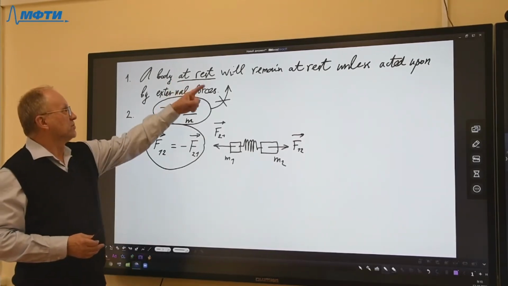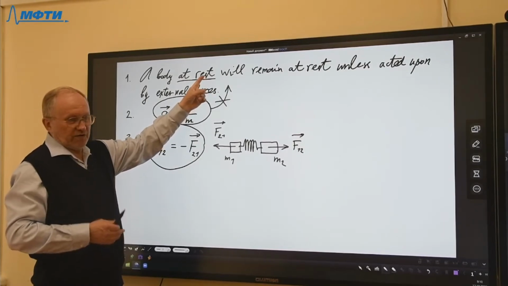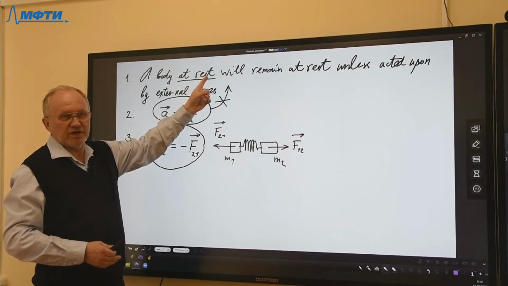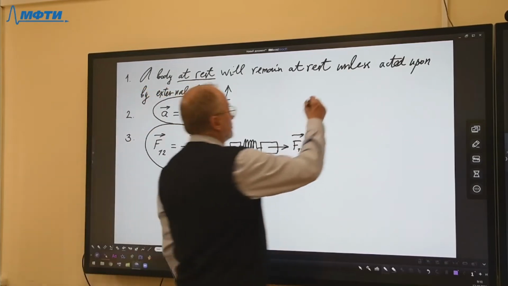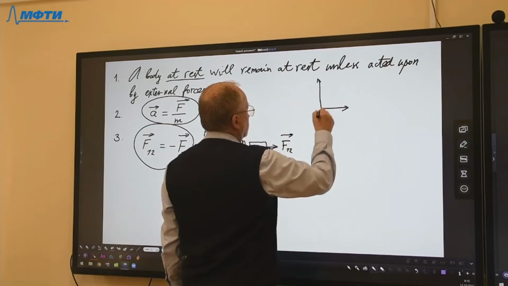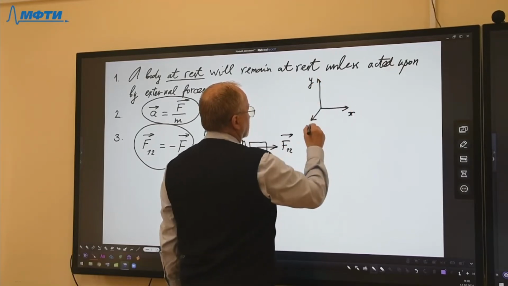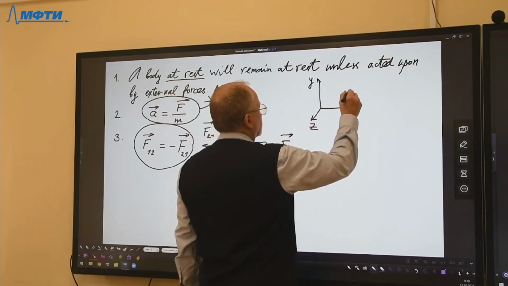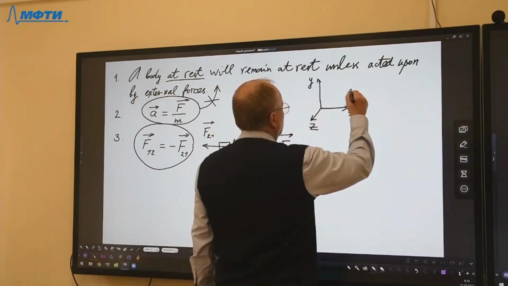So in order to be sure that the body is at rest, we have first to introduce some reference frame and a coordinate system associated with this reference frame. So the reference frame is most frequently 3 axes in our three-dimensional space, x, y, z. And in this reference frame, some material point has its own coordinate.